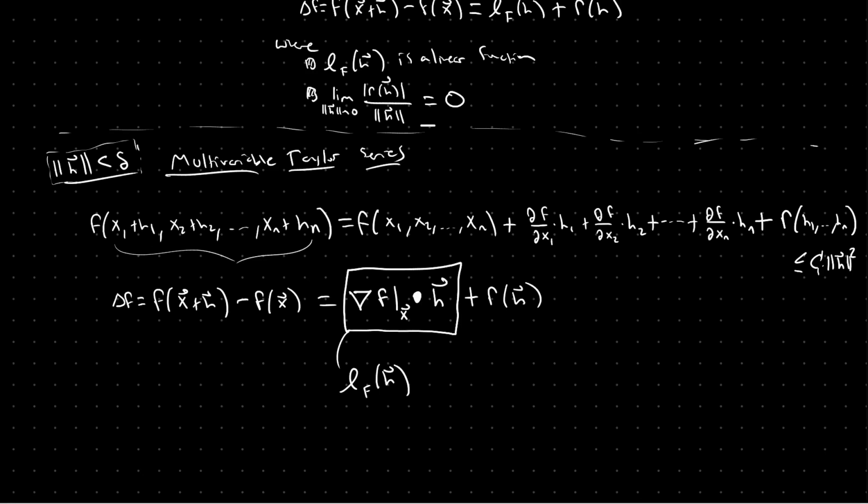The remainder is just the higher order terms in the Taylor series approximation, and by definition, these terms are going to zero faster, by an order of magnitude in the size of h, than this linear term is.